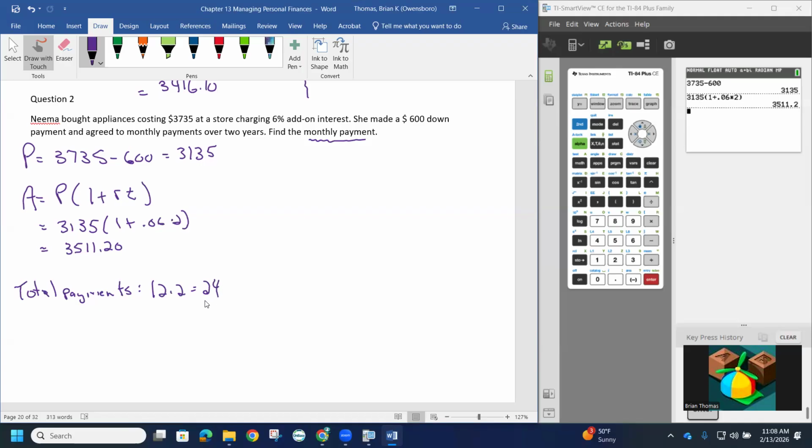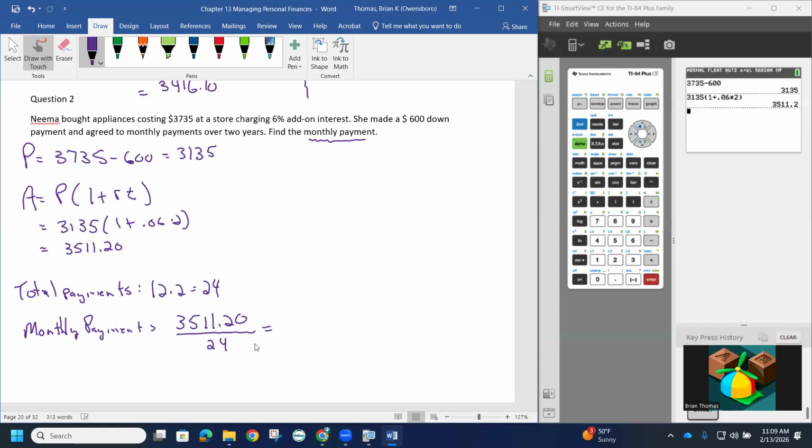So what we pick up on then is her monthly payment. We're going to distribute this $3,511.20 over 24 payments. So if we divide this $3,511.20 by 24, what she owes is going to be spread out over 24 payments.